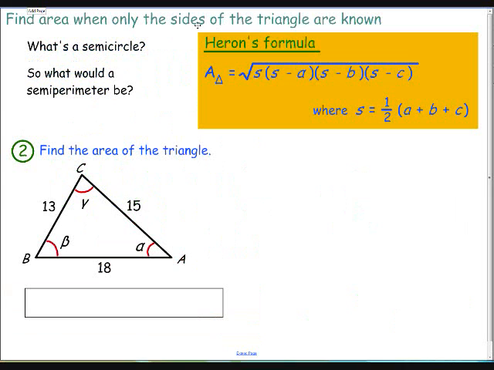What is a semicircle? Let's start with something we are very familiar with. A semicircle is half a circle, right? So what would a semi-perimeter be? That's right. It will be half of a perimeter. And we're actually going to use that concept here. We're going to say S is a semi-perimeter.